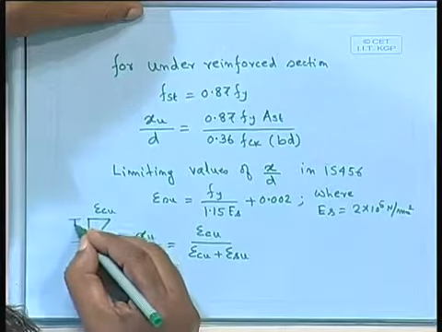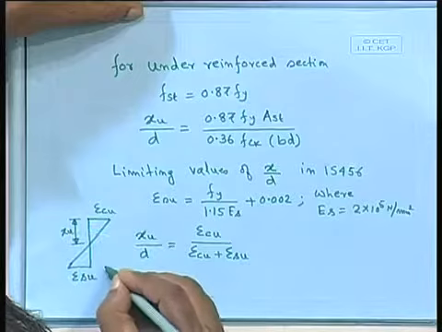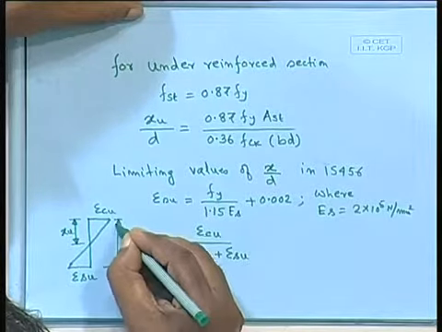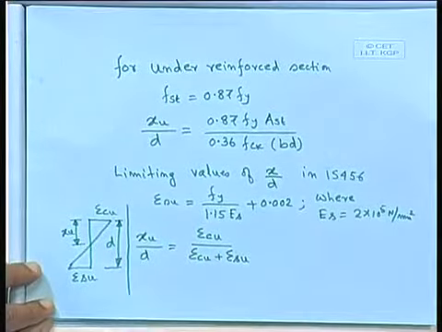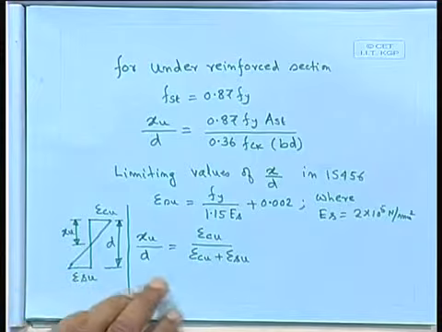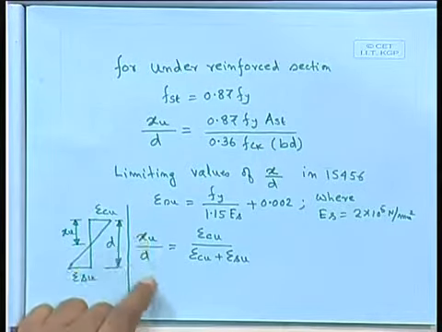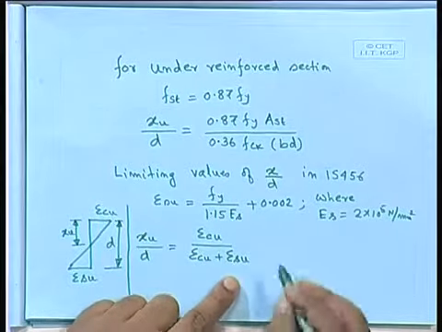Let us say this one xu and total depth d. So, from similar triangle principle, we can find xu by d equal to epsilon cu by epsilon cu plus epsilon su.